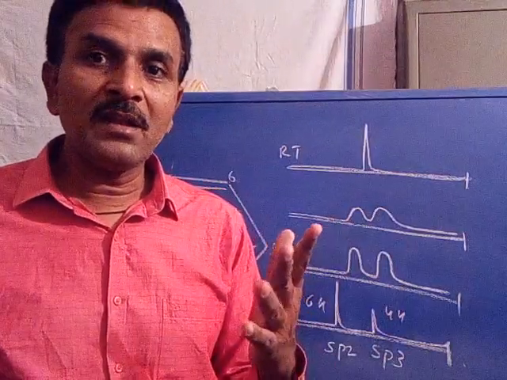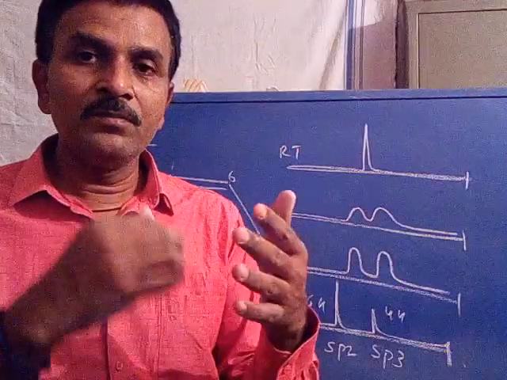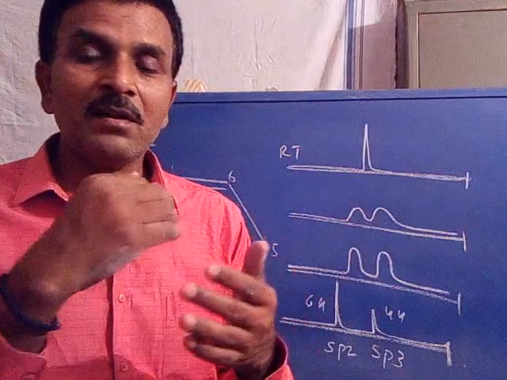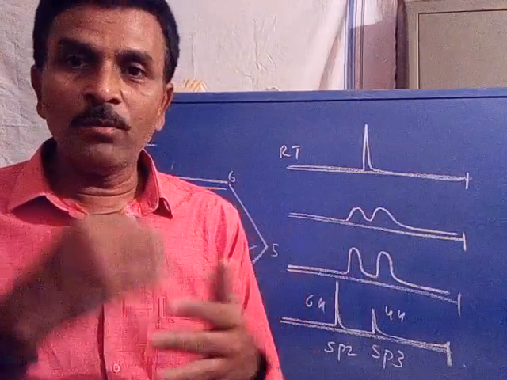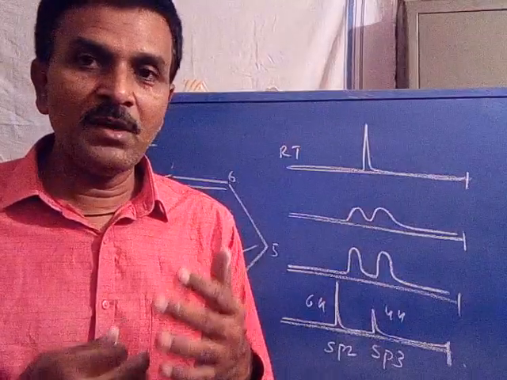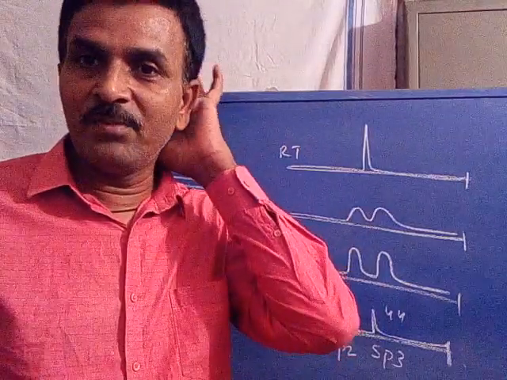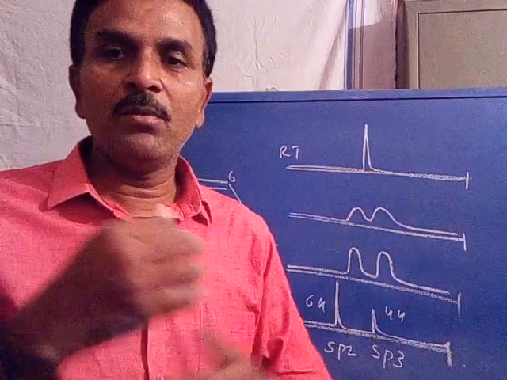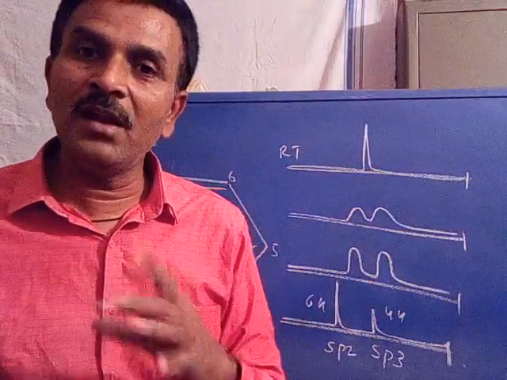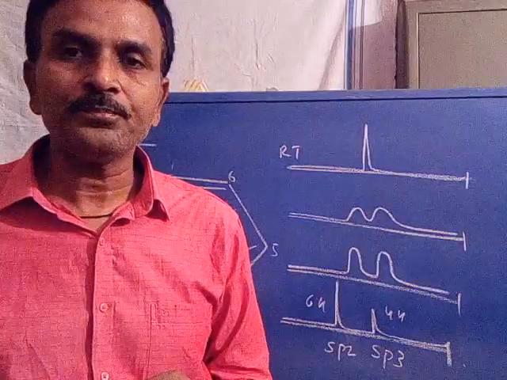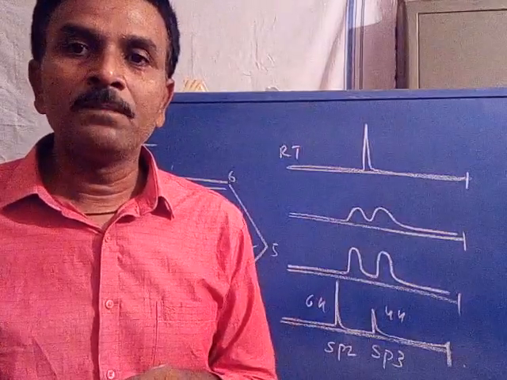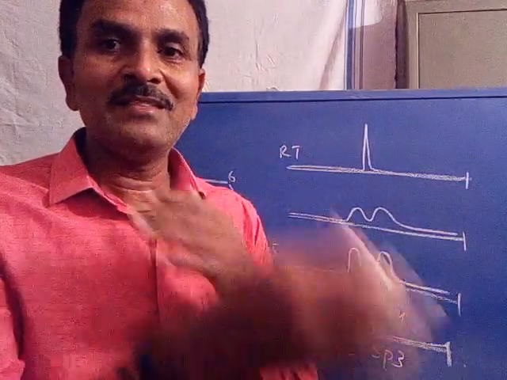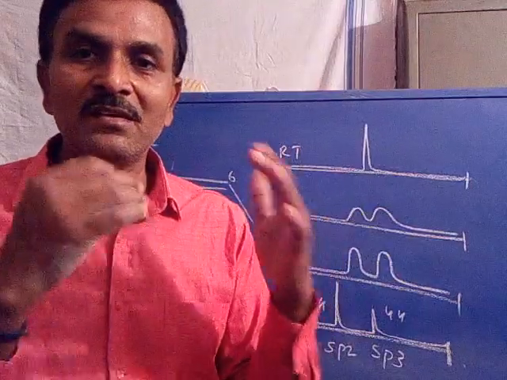At higher temperature they become equivalent, because when the exchange is fast, no protons are exactly on sp2 carbon and no protons are exactly on sp3 carbon. Therefore protons on sp3 and sp2 carbon become equivalent, and one signal appears.